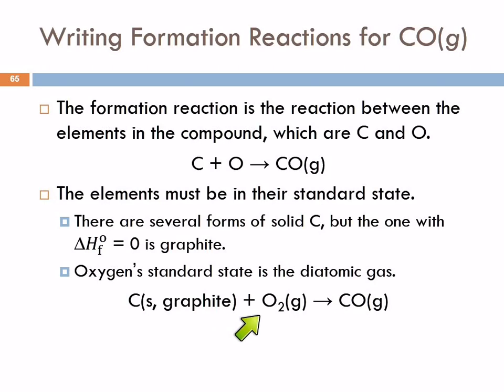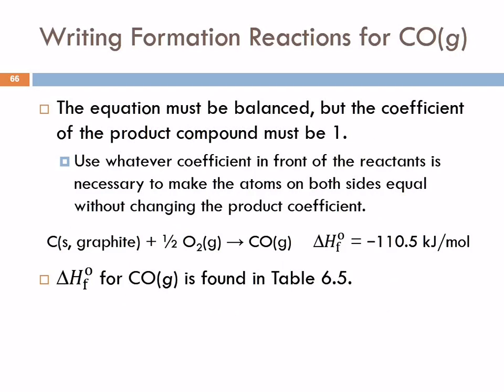So I need a half, 1/2 on the O2. So we get graphite plus half a mole of oxygen to form carbon monoxide. And then here's the heat of formation. And where did we get this number? We just looked it up in the table. It's not a big mystery. Okay?